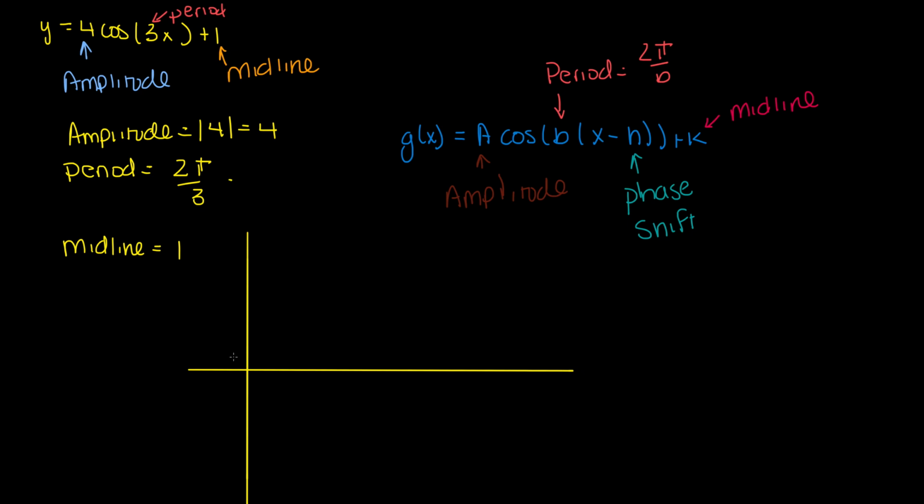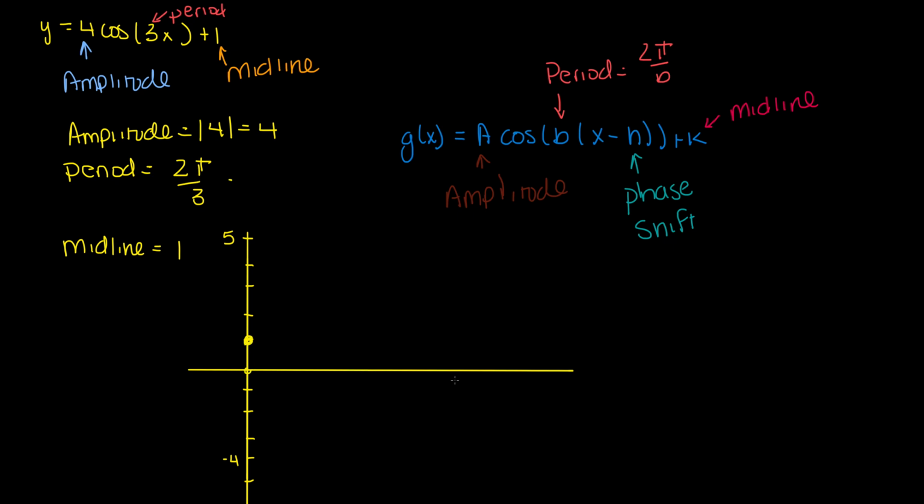We go up 1, so we have to go up to 5 here, and down to negative 4. I'm going to start with my original cosine. Cosine starts at 1.